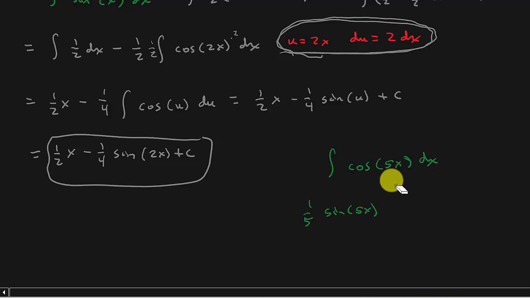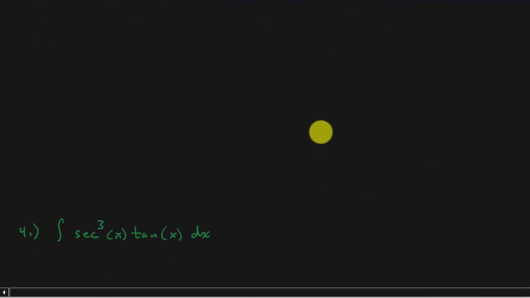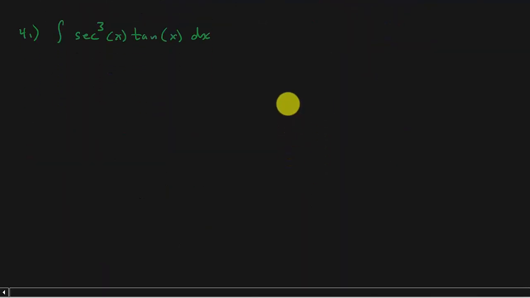And even take it a step further, maybe a times x, where a is just a constant. Well, what would that be? That would be 1/a sine ax plus c. That's all it is. So it's not difficult to do. But like I said, if you need to write it out, that's fine. Nothing wrong with it. Just trying to save you a few steps there.